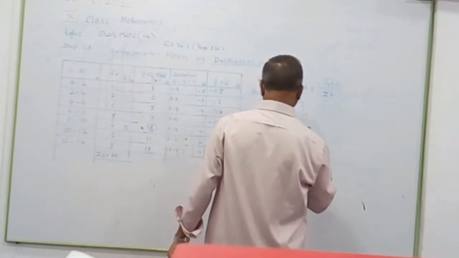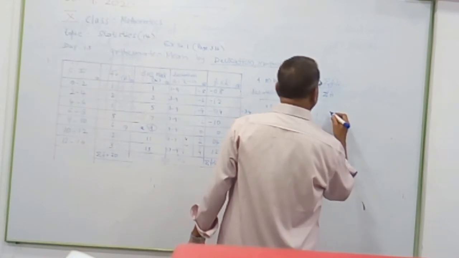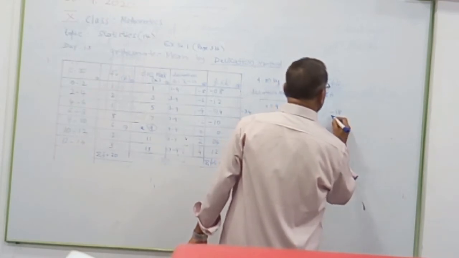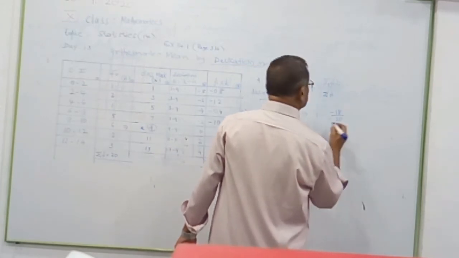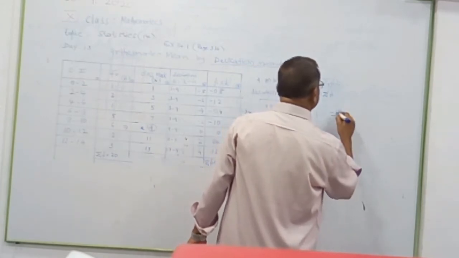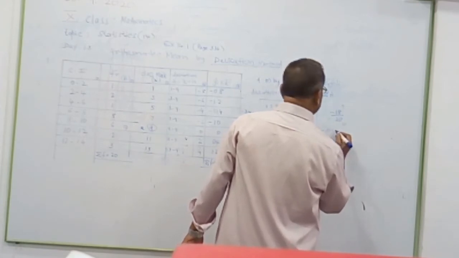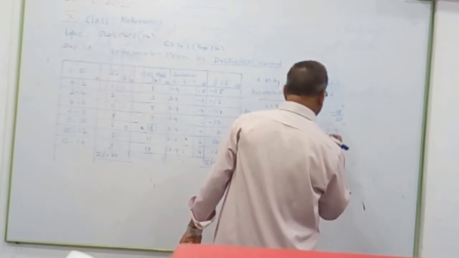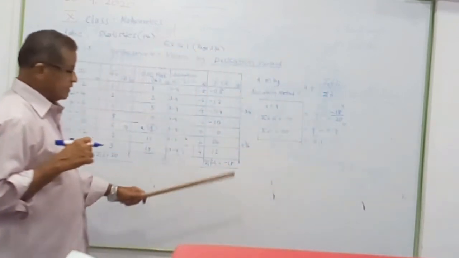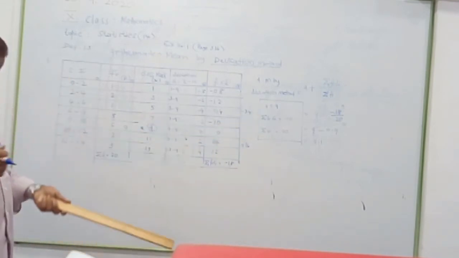A value 9, sigma fi di is minus 18 by 20. Now 2 tens are 20, 2 nines are 18. So 9 minus 0.9, that is 8.1. See, in direct method also we get the same answer, 8.1.